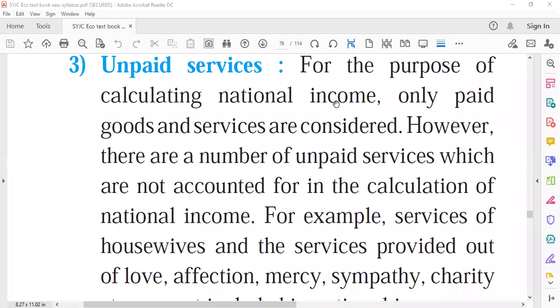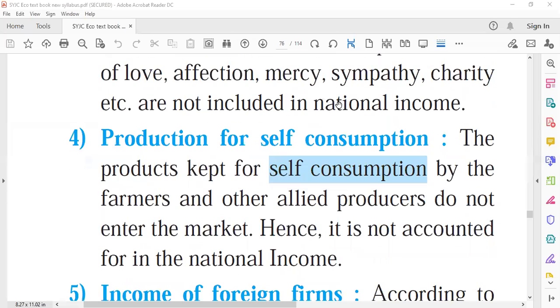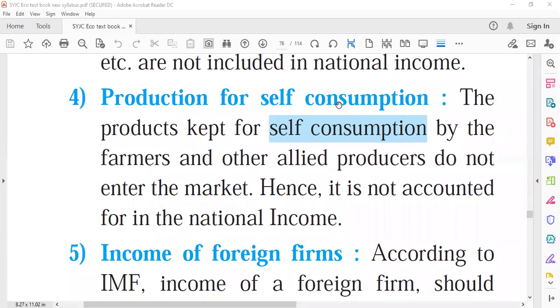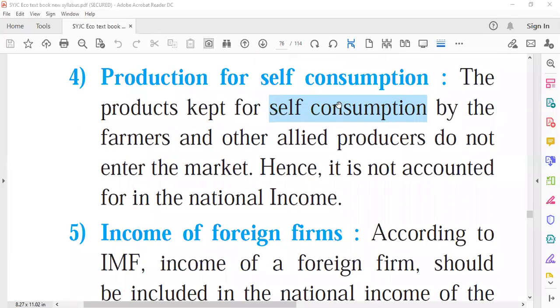Since we are not paying anything for such services, they are not accounted while calculating the national income. For example, we are receiving the services of a housewife. These services are provided out of affection, love, and sympathy, and therefore they are not included in the national income.